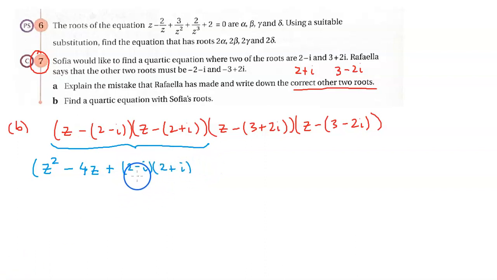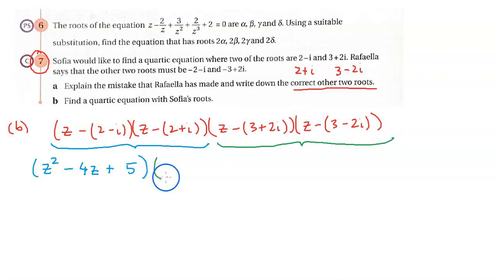And that's really quick to calculate as well, because it's just 2 times 2 is 4, and then minus i times positive i is 1. So the whole thing just becomes 5. So plus 5.